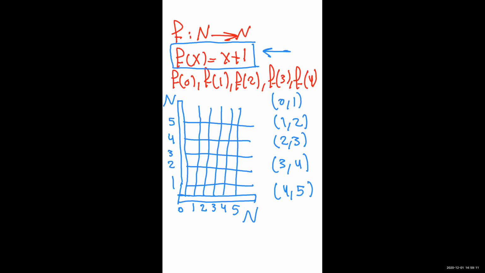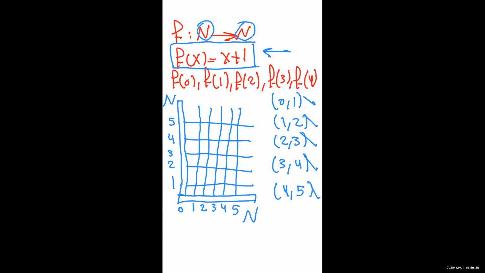Here the function is from N to N, meaning natural numbers. So I have to write down 0, 1, 2, 3, 4, 5, like this. But in the question, it's mentioned that we only represent on it 5 elements: (0, 1), (1, 2), (2, 3), (3, 4), and (4, 5).